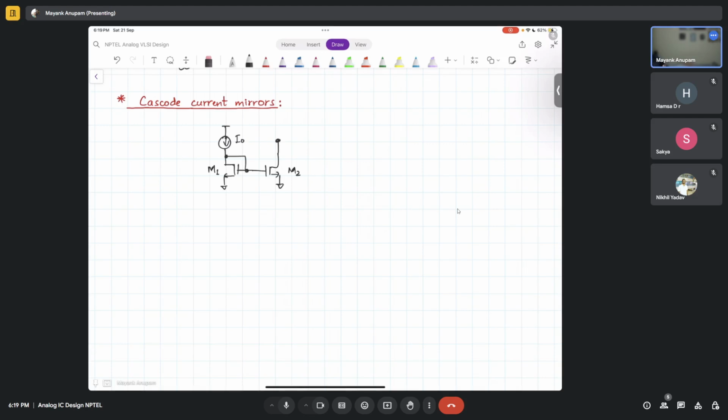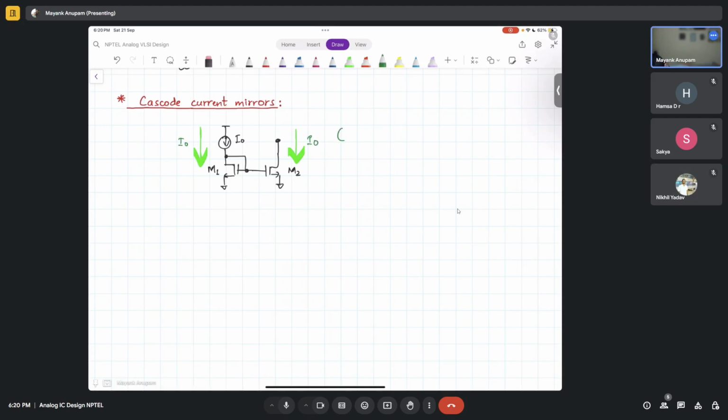If I naught is flowing into this device here, what is the current that is going to flow through the other one? If I assume that channel length modulation is not present, the same I naught will flow. There is no doubt there. If this is I naught, this also has to be I naught.